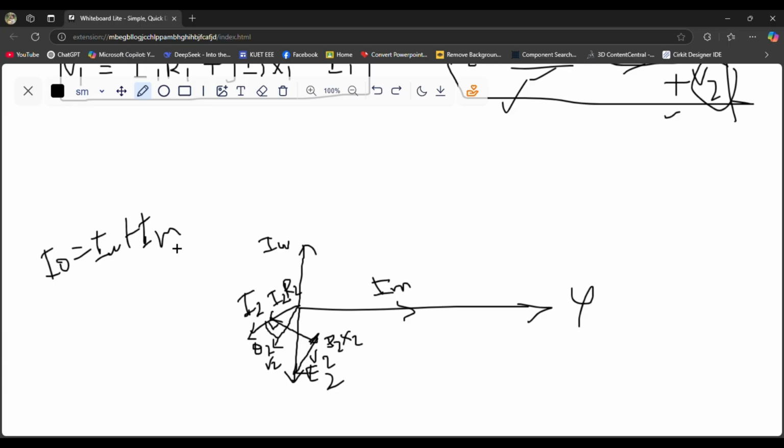So if we add vectorially Iw and Im, we can get I naught. Let's reduce Iw a little bit. Okay.